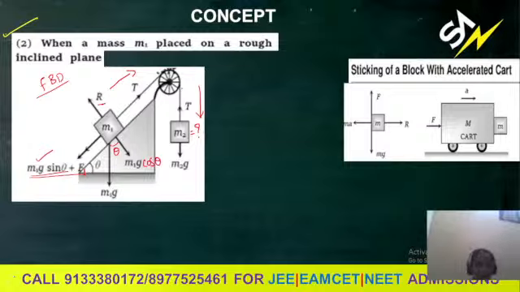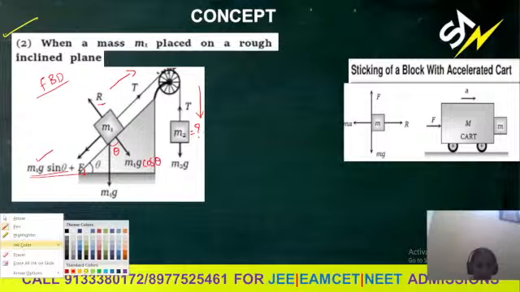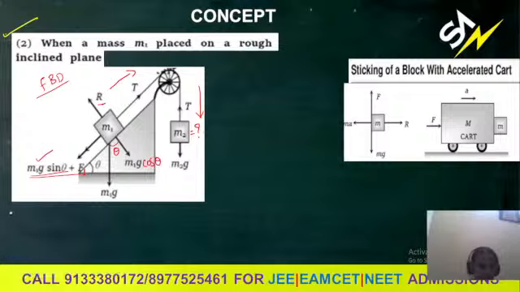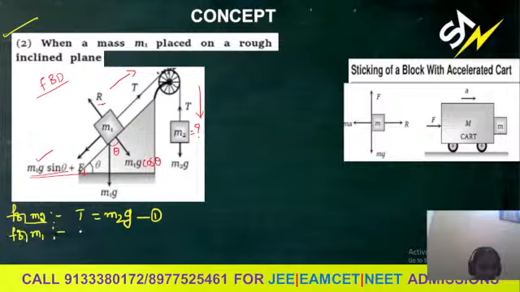Here, for the condition of equilibrium, just write the forces acting. First we take m2: T is balanced by m2g. Take it as equation 1. And next for m1: this tension is balanced with m1g sin theta plus the limiting friction value.